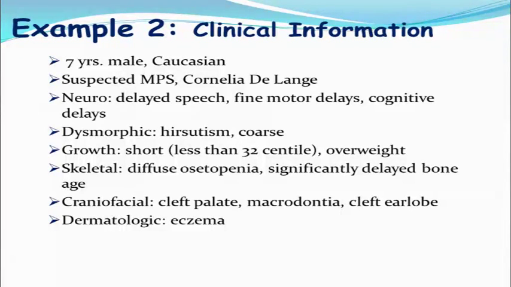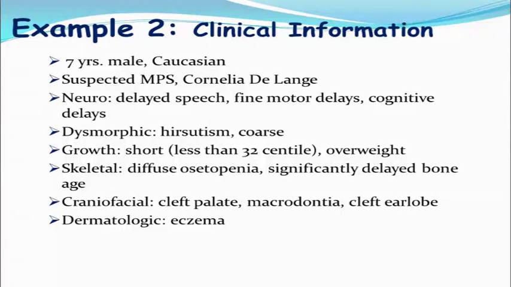And here I'm quickly giving you one example of exome sequencing. This is a 7-year-old male Caucasian patient. It's suspected to be a disease called mucopolysaccharidosis or Cornelia de Lange syndrome.